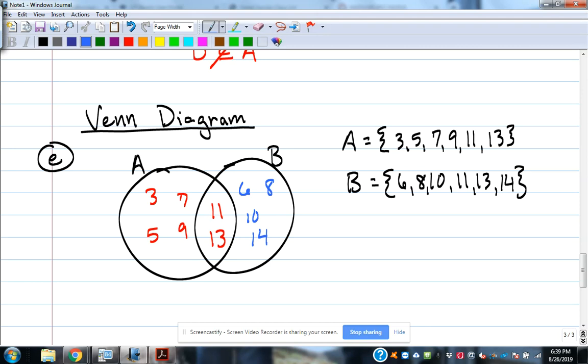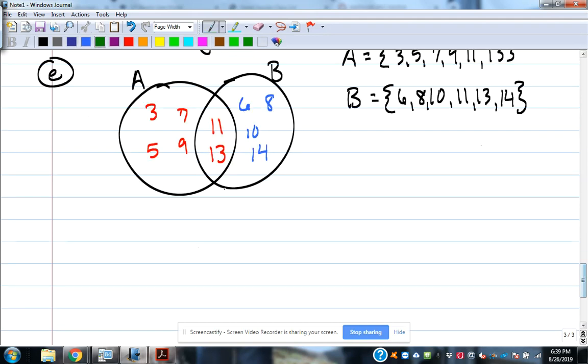So we've taken a couple of sets and placed them into the Venn diagram. This area in the middle, that football shape, is called the intersection of set A and B.